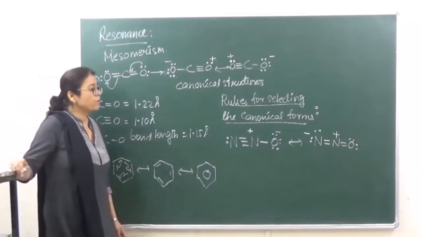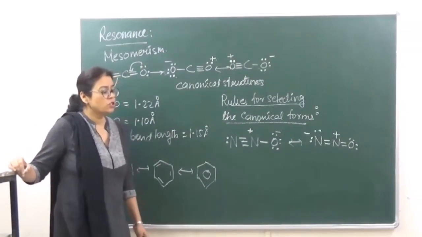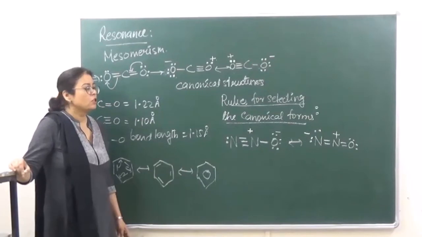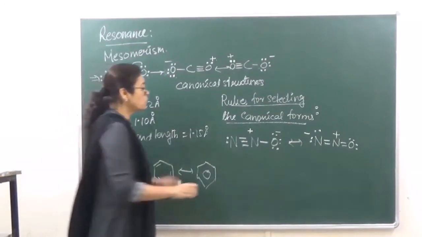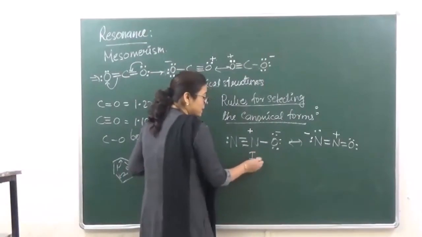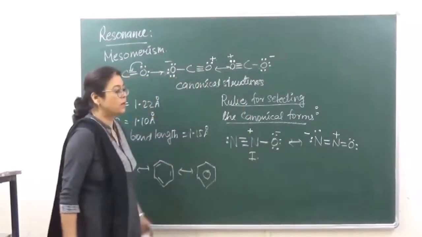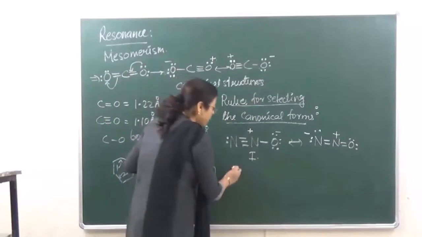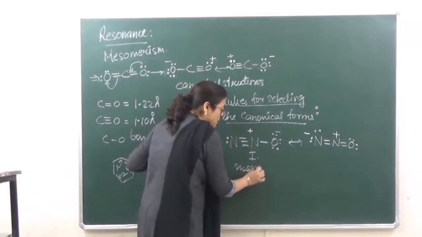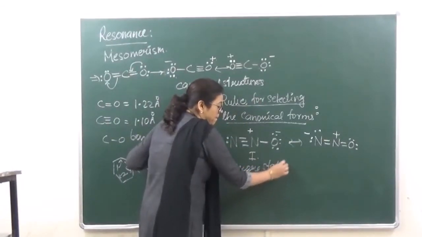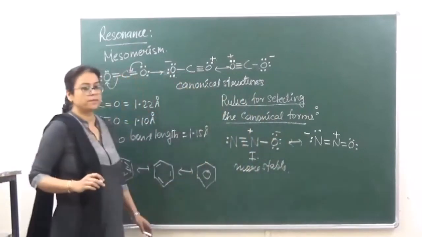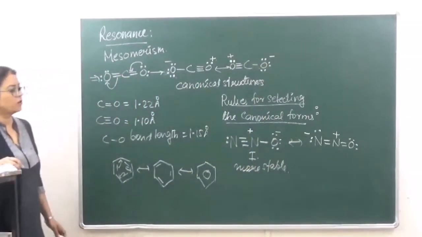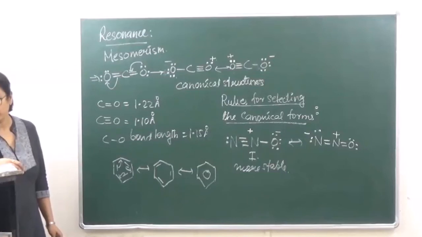So when we are talking of nitrogen and oxygen, oxygen is going to be more electronegative. So the negative charge should be on the more electronegative oxygen. So this first one is going to be more stable because the negative charge is on this oxygen. ठीक है? Clear हो गया? So this is how formal charge helps us.